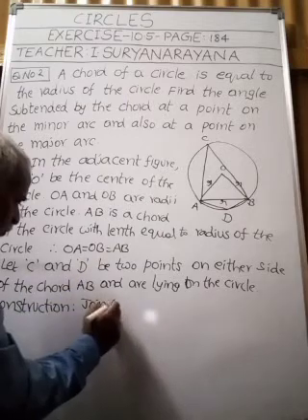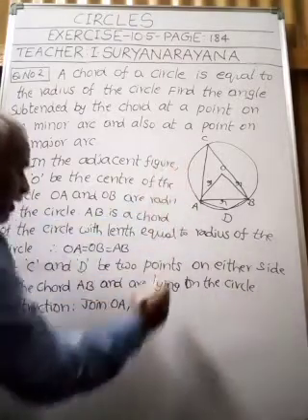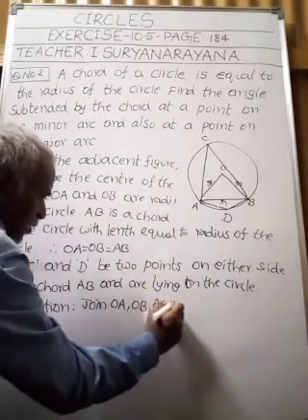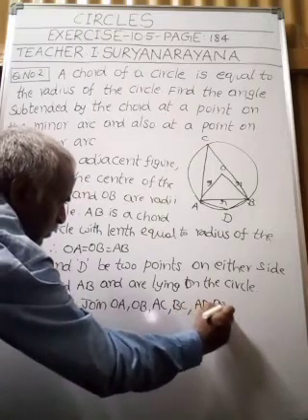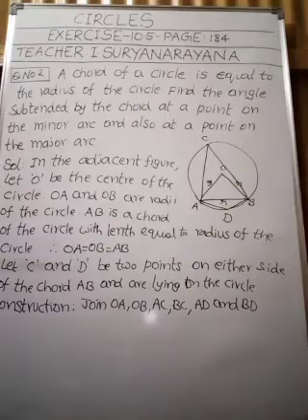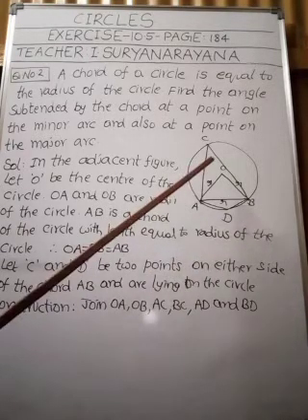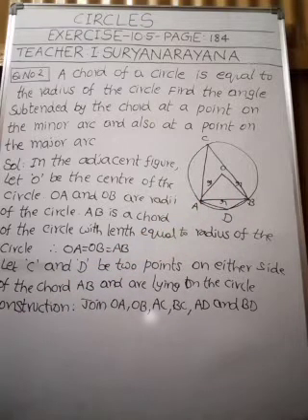Join OA, OB, AC, BC, AD and BD. We have joined all these points. Okay, my dear children. Now triangle OAB is an equilateral triangle. Yes or no, my dear children?